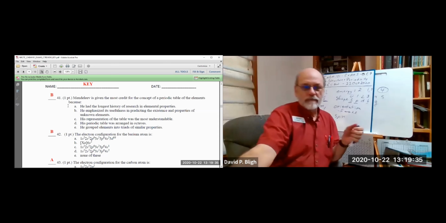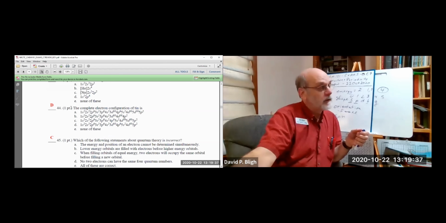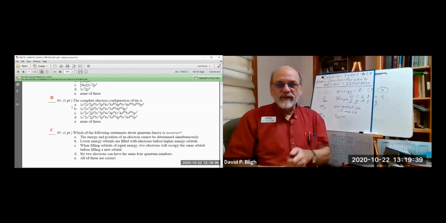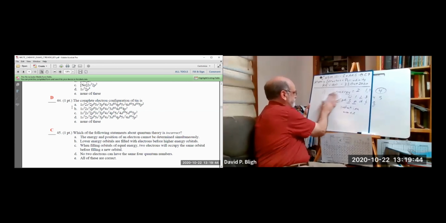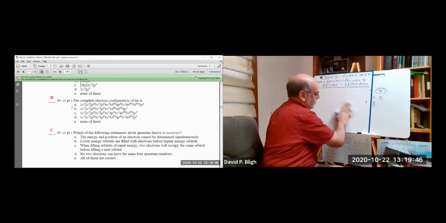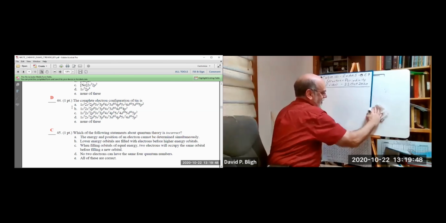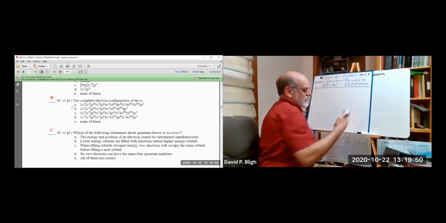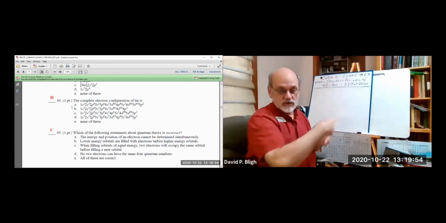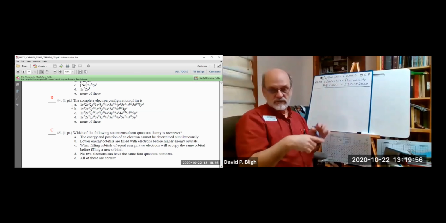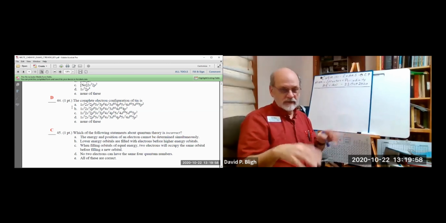Okay, 44. Complete electronic configuration of 10. All right. So we have the possibility of using that diagonal chart to write the configuration.